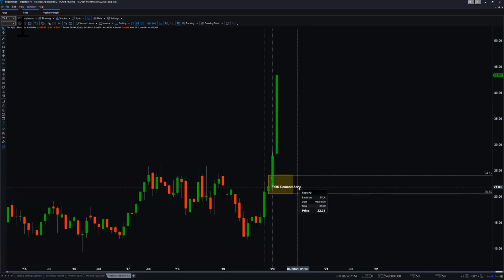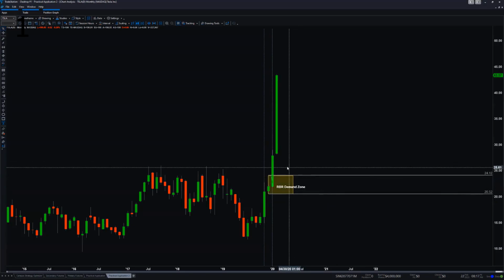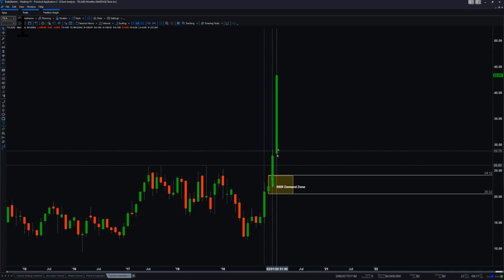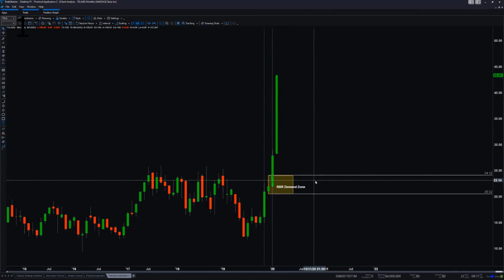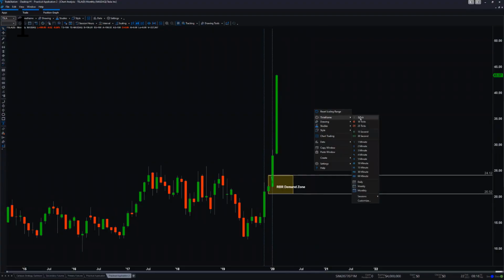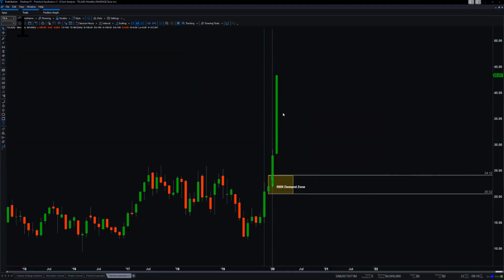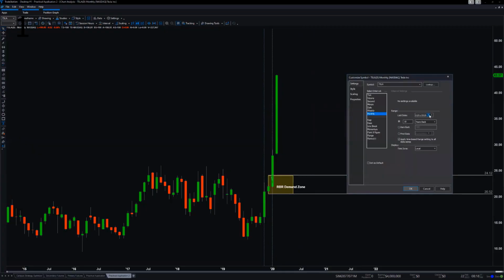Now, what would we expect if we would find a demand zone that's high in quality? We would expect, as price comes back, that demand zone to hold, and we would expect willing buyers to come into play to push price higher. Now, what we can do is we can test the demand zone that Zina found, and we can just move forward a couple of months.